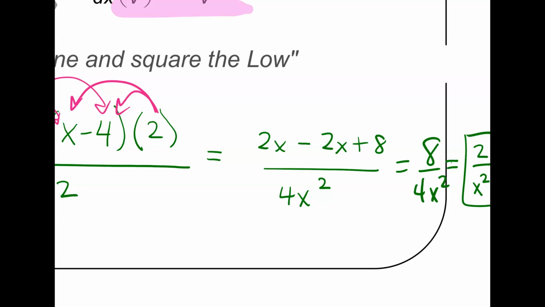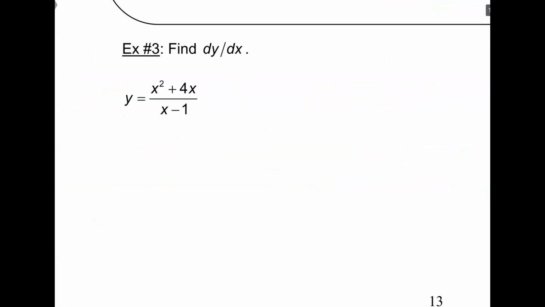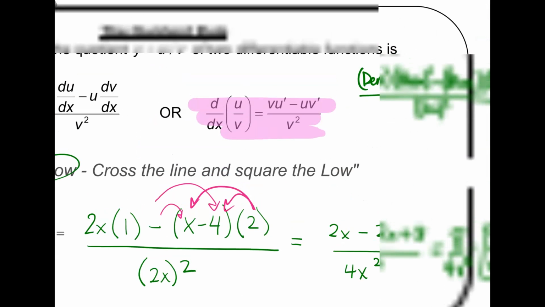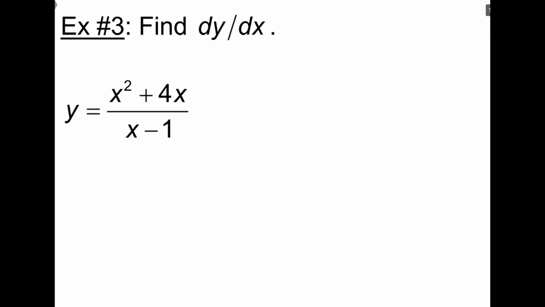Cool, let's keep going. If you are done writing this down, try example 3, which is directly below. See if you can figure this out. We're applying the quotient rule. We're trying to find the derivative.